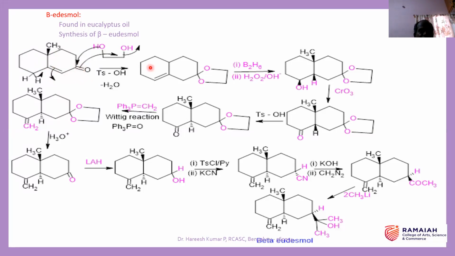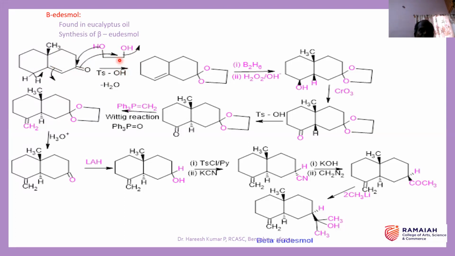So in the first step, what is happening? It's a protection of ketone with the help of glycol. So what will happen in presence of an acid source, more particularly a proton source?